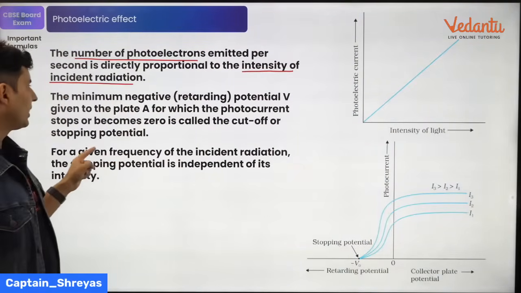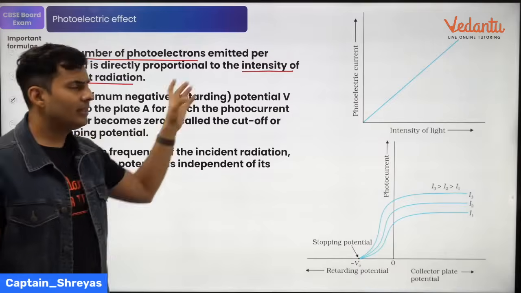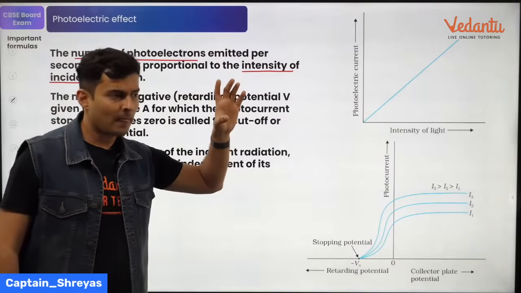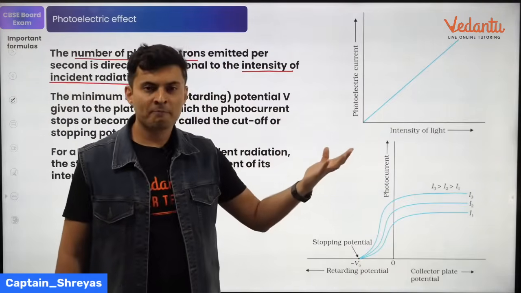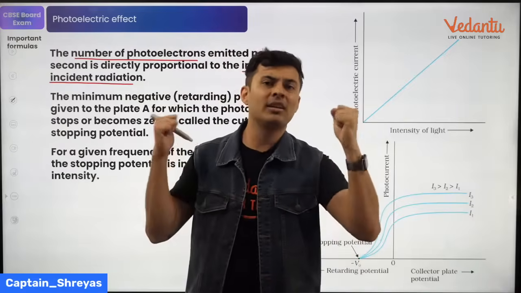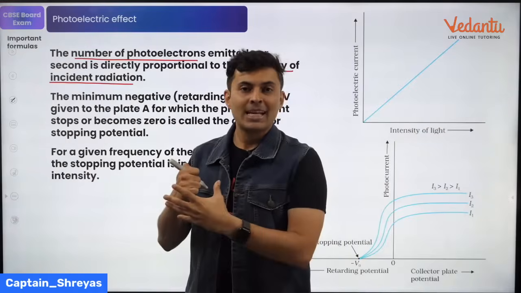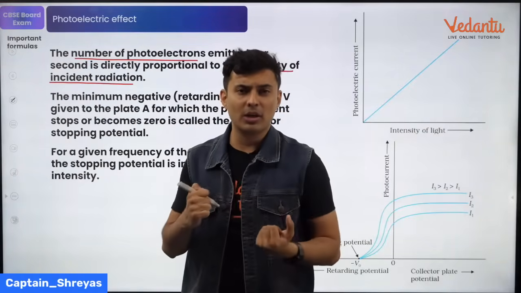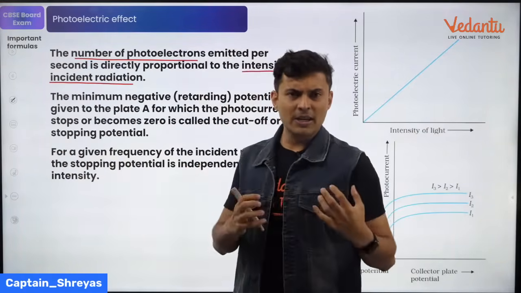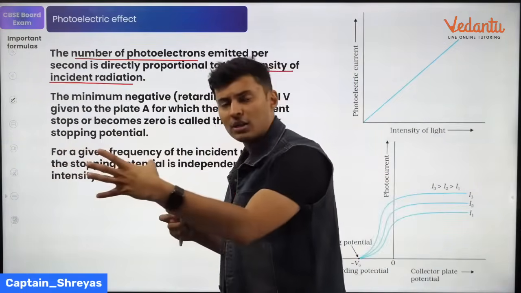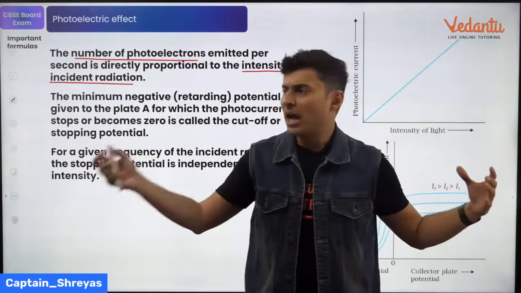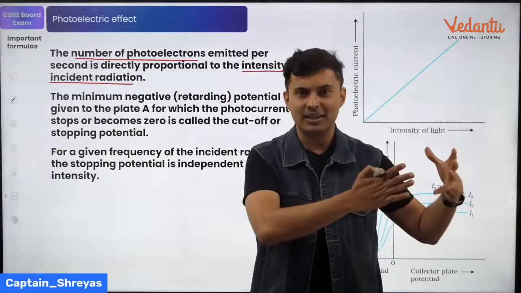Great. Next important thing. When the electrons get knocked out, you might want to stop them and see how much energy they have. That energy required to stop them is measured in terms of stopping potential. So these electrons are coming, you apply a reverse voltage and you retard the electrons, and you prevent them from reaching the other side.